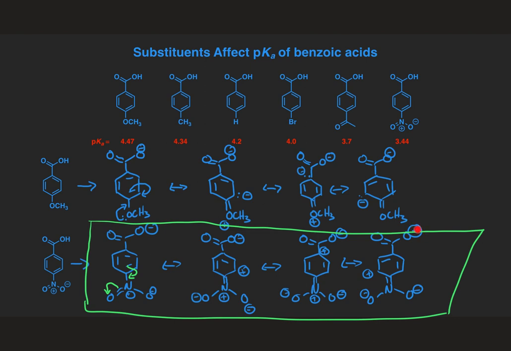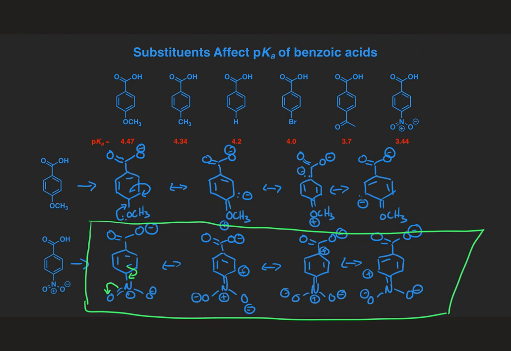If this minus charge is delocalized towards the aromatic ring, it's harder to find, and so it's less likely to pick up a proton, which means it's a worse base than the methoxy group. If this is a worse base, that means this conjugate acid is a stronger acid.